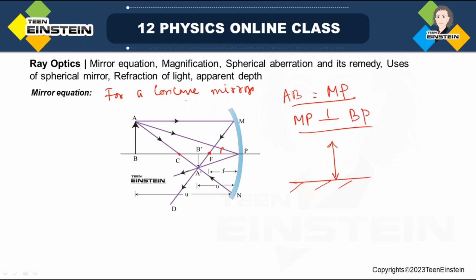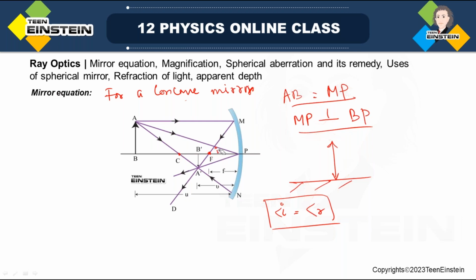If this is the angle of incidence, then this will be the angle of reflection according to the law of reflection. It should be equal: angle i should be equal to angle r. So if we follow these rules, we can get the image of that object.